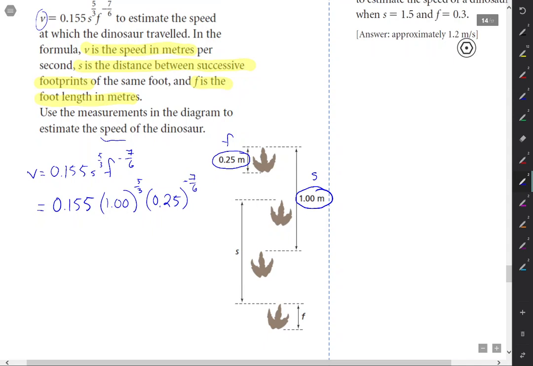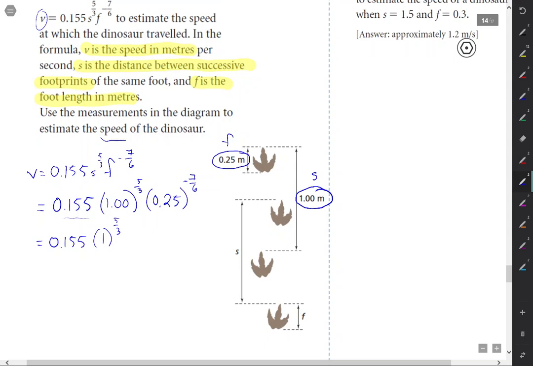Now, I don't like dealing with decimals in math, so let's see if we can simplify these into fractions. I'll keep the first one the same, 0.155, but let's change this 1.00 into just a 1. So we have 1 to the power of 5 over 3.